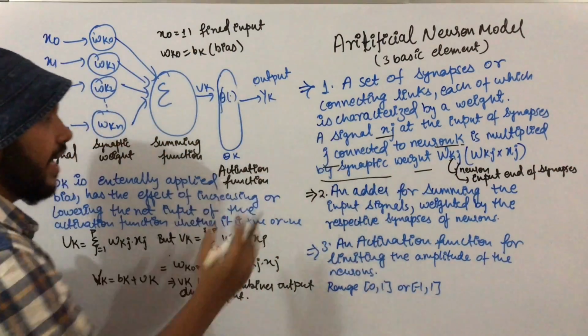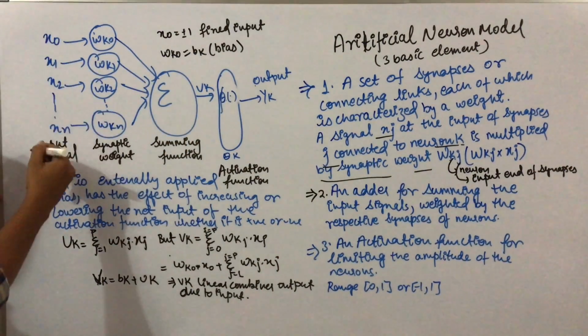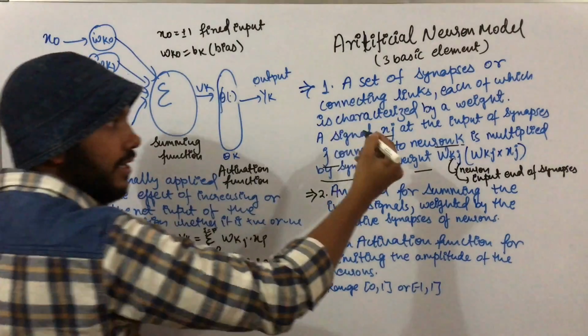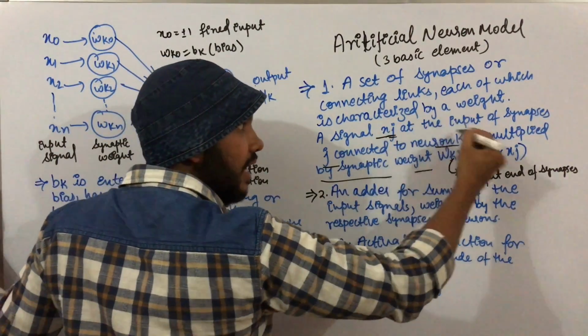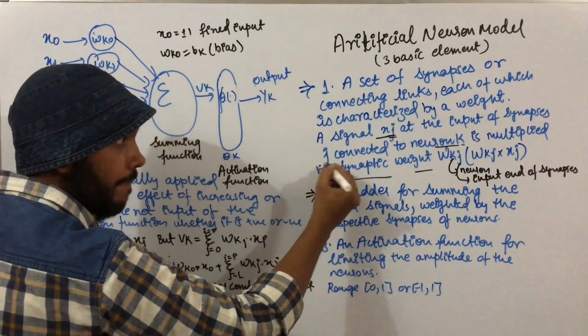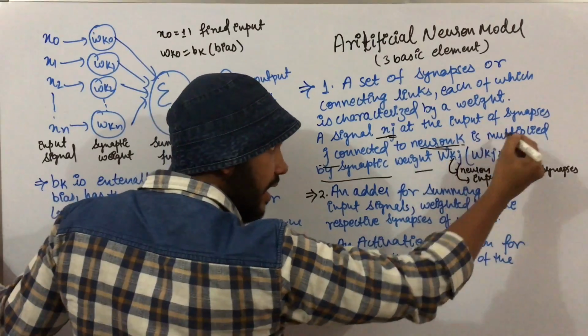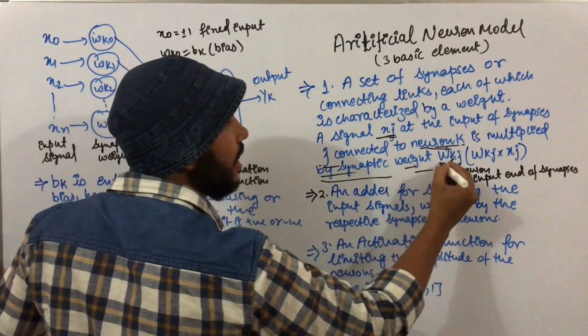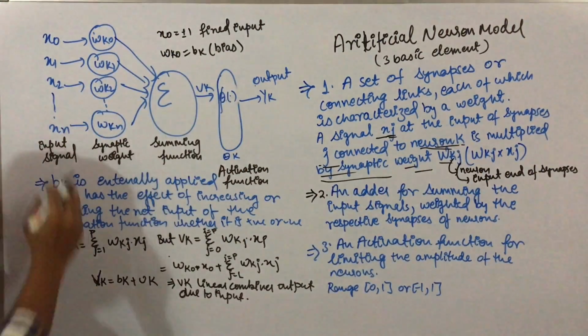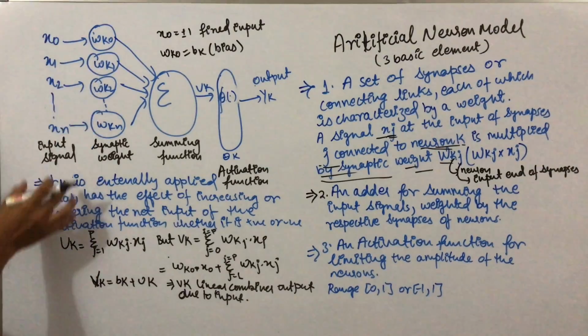That is, we have the signals like x1, x2, and so on. A signal xj at the input of synapse j connected to neuron k is multiplied by the synaptic weight wkj. We have sets of input signals.